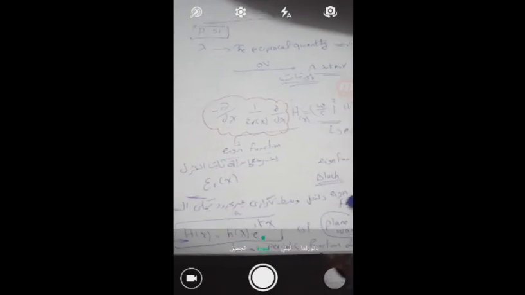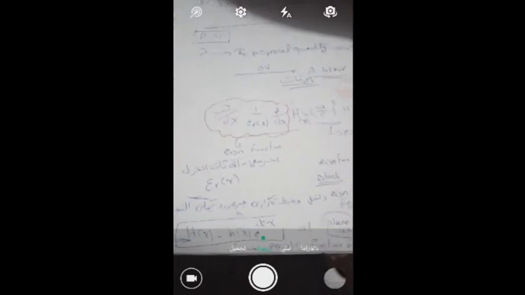Then we use these plane wave equations to make the equation very simple. If I have an eigenfunction inside a periodic and infinite structure, we can represent this equation in this form. It means that we have a function multiplied by our exponential function.